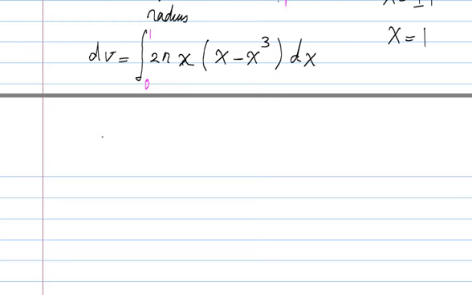Now let's continue with the, I need to make a correction here. That's going to be the total volume. So the volume itself is going to be the integral of 2 pi, this is x squared minus x to the power of 4, dx.